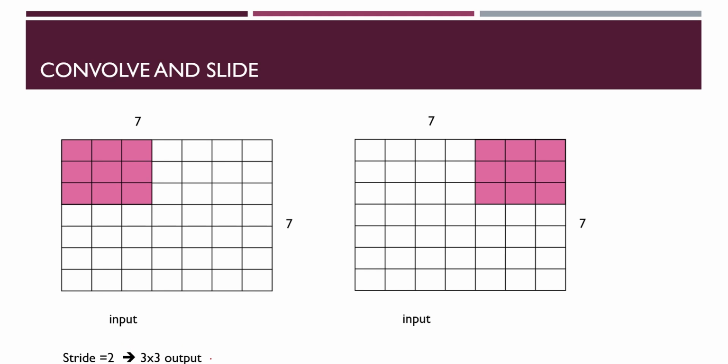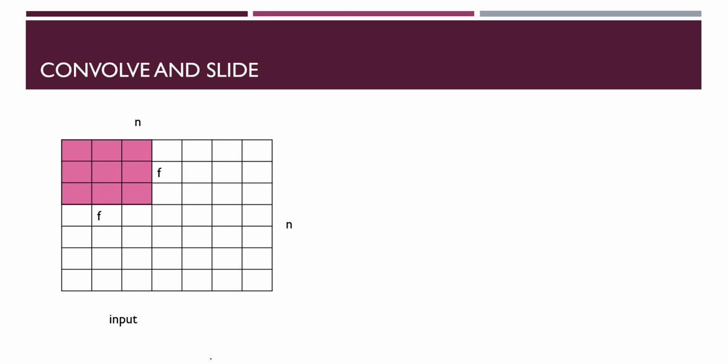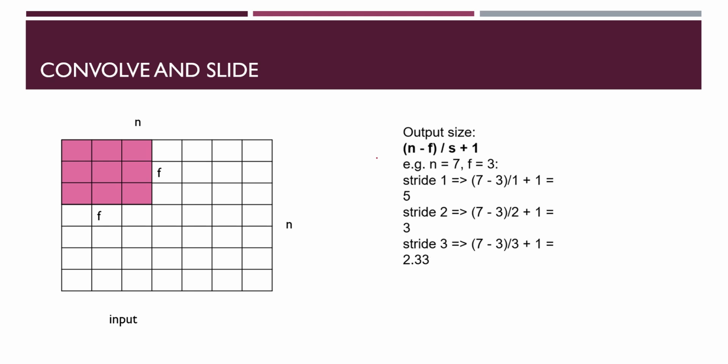With this, we now have an idea of the possible formula for getting the output dimensions after applying the convolution operation. So let us generalize it to a formula. If the dimensions of our image are n by n, and the dimensions of the filter are f by f, then the formula for the output is n minus f divided by s, plus 1, where s is the stride.